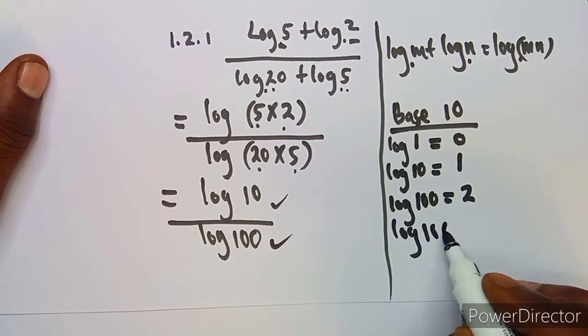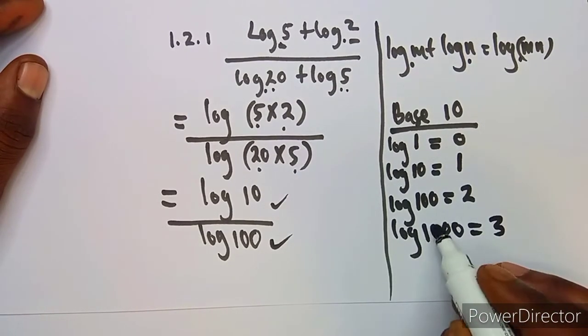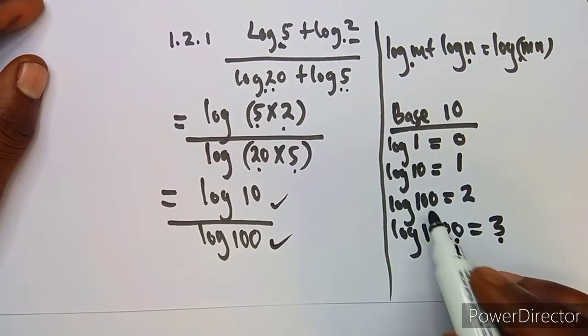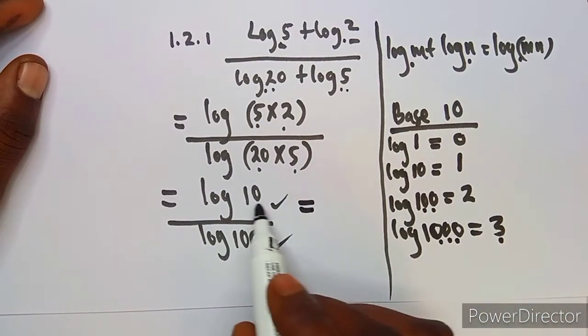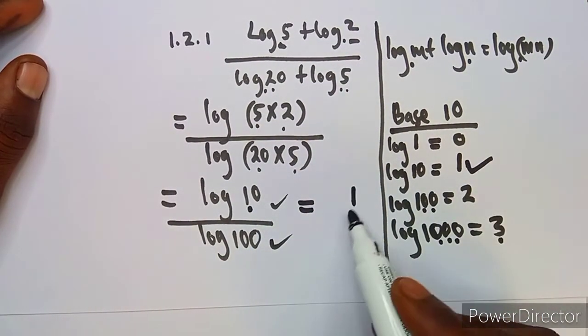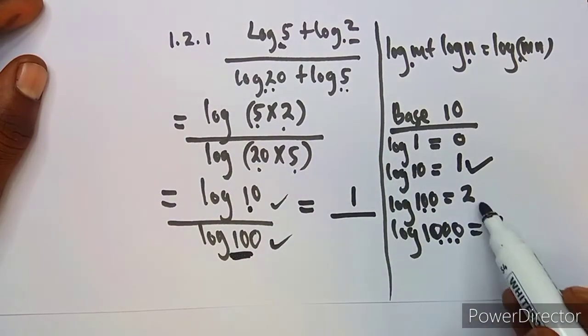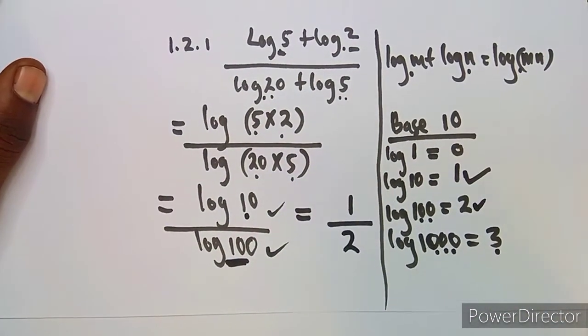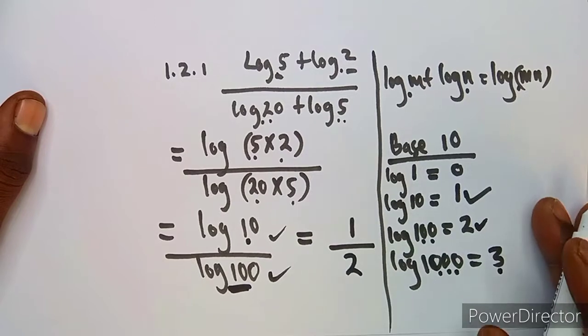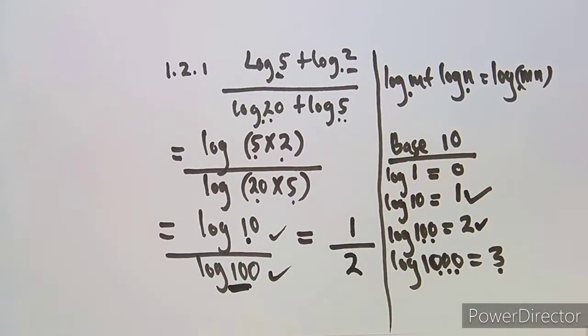Logarithm of 1000 in base 10 is 3. So the number of zeros gives your answer. In this case, we've got logarithm of 10, which is 1, over logarithm of 100, which is 2. So you're going to obtain your answer as 1 over 2, because you know the value of log 10 and you know the value of log 100. So for these ones, you just write your answer like that.